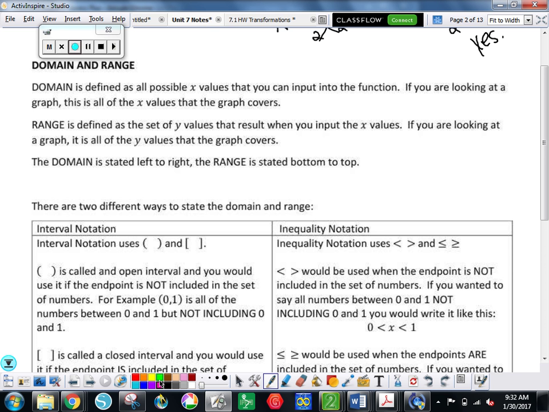Domain is defined as all possible x values. It's the input. If you're looking at a graph, it is all the x values your graph covers. Now, for a parabola, or an absolute value, parabolas look like this. This is your left and right movement.